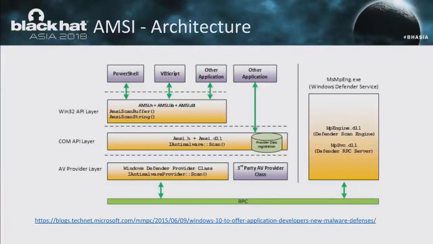This class is in charge of managing all the different antivirus providers that are loaded, because you can have more than one provider that processes the requests. This anti-malware will be in charge of loading the various providers and then dispatching the scans to them when the scans arrive.